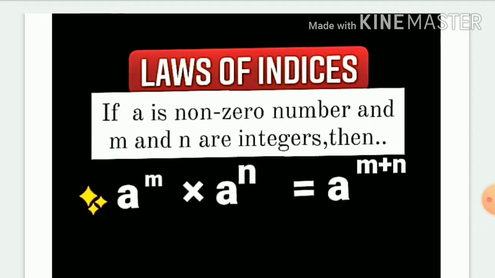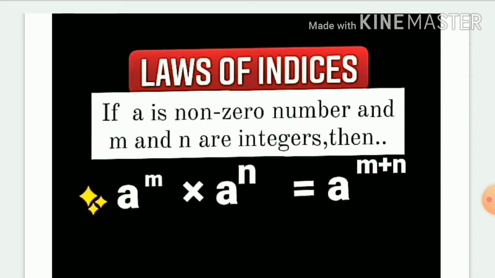When two same bases are multiplied with two different indices, what we get is the same base, A, raised to M plus N. The two indices get added. So A raised to M multiplied by A raised to N results in A raised to M plus N. This is the very first law.